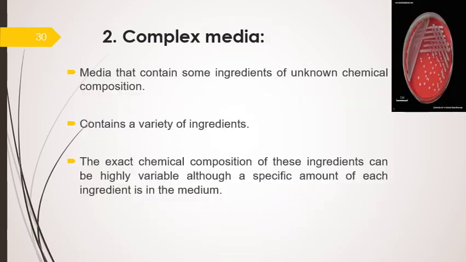The second form is the complex media. This media contains ingredients of unknown chemical composition. The complex media exhibit a variety of ingredients such as meat juices and digested proteins. The exact chemical composition of these ingredients can be highly variable, although a specific amount of each ingredient is present in the media.